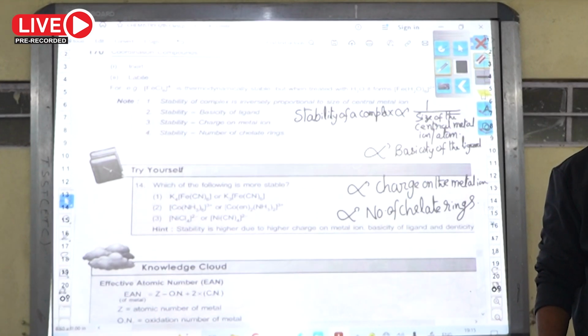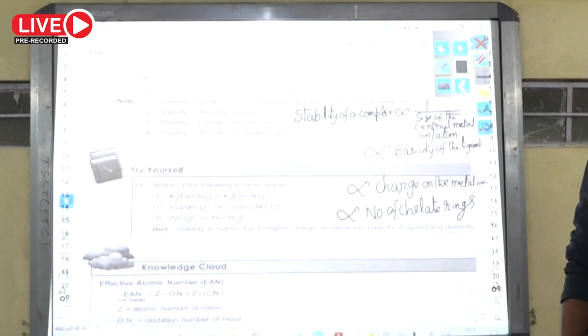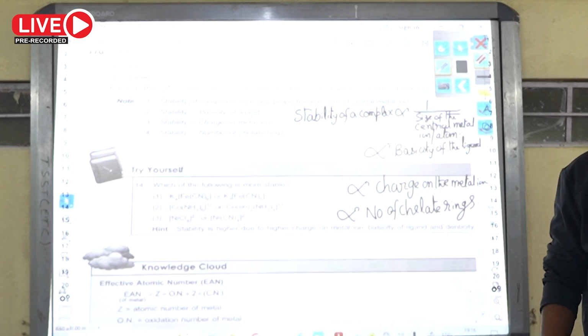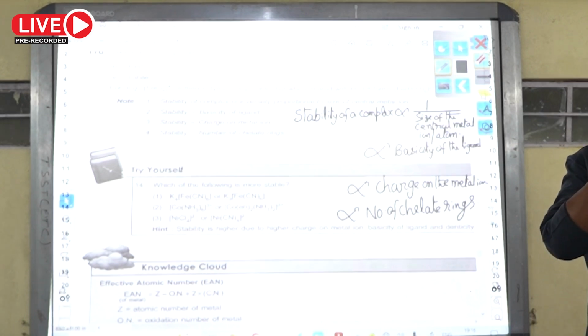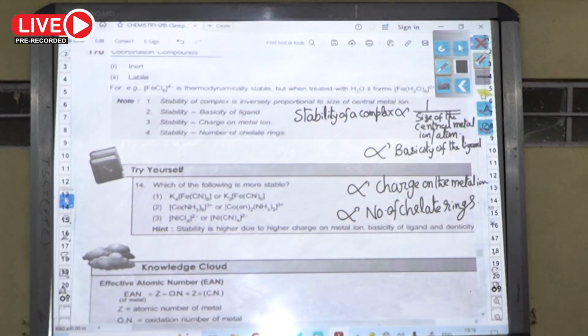So bidentate or polydentate ligands, when they are directly attached to the metal ion, form ring compounds. They are called chelate complexes. Bidentate or polydentate ligands, when attached to the metal ion, form ring compounds which are called chelate complexes or simply chelates.